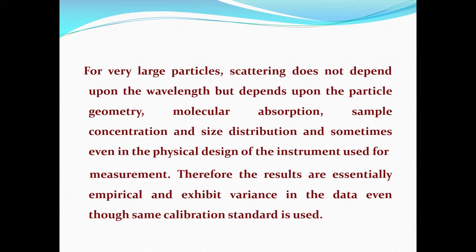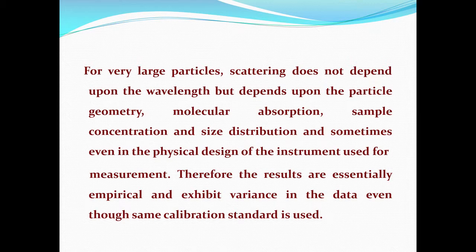It also depends upon the molecular absorption, the sample concentration, and the particle size distribution, because we know from experience that most of the chemical reactions produce a precipitate varying in size. They are not always of the same size.